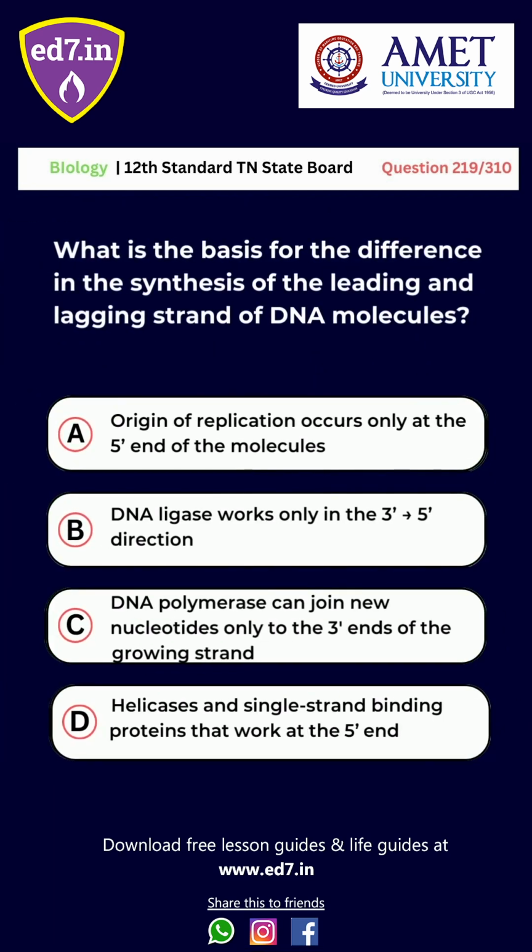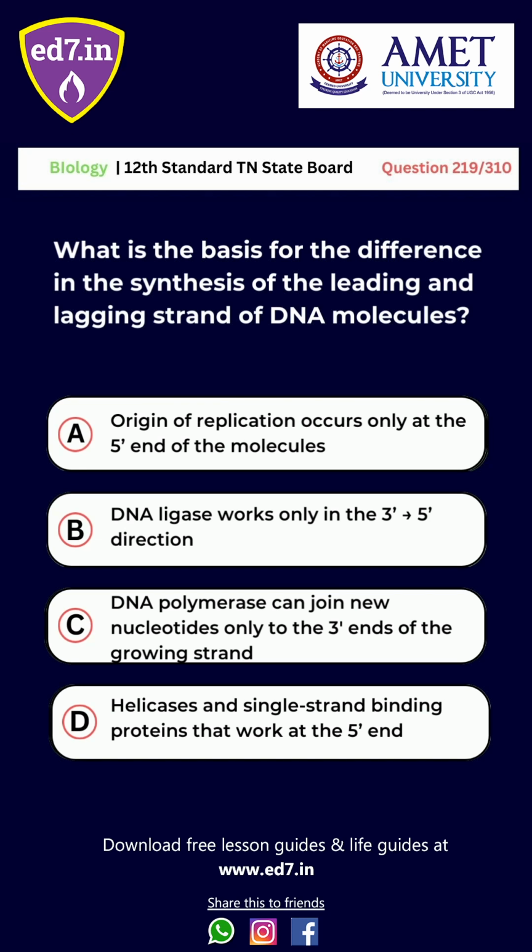Question number 290. What is the basis for the difference in the synthesis of the leading and lagging strand of DNA molecules? Option A. Origin of replication occurs only at the 5' end of the molecules. B. DNA ligase works only in the 3' to 5' direction.